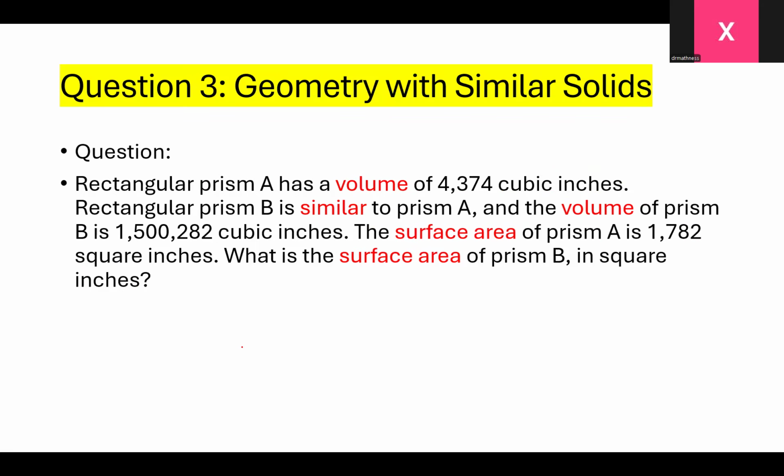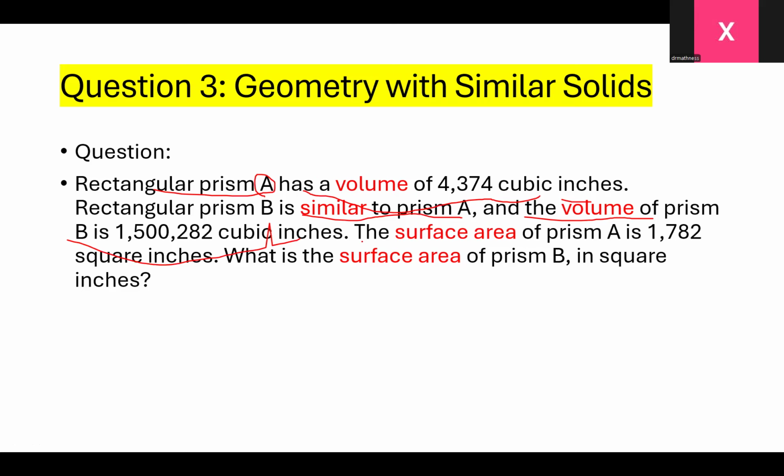And for the third question, this is geometry with similar solids. That is, we have two rectangular prisms, A and B. They are similar to each other, and we know that rectangular prism A has a volume of such cubic inches, and we know the volume of prism B, right?